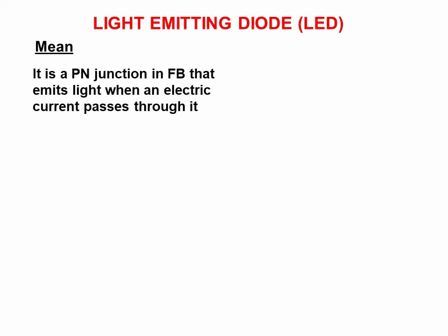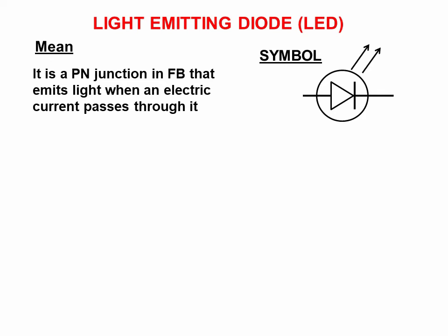It is a p-n junction in forward bias which converts electric energy into optical energy. The symbol of LED is, just draw the diode diagram and draw two outward arrows from the junction, which is nothing but the symbolic representation of LED.